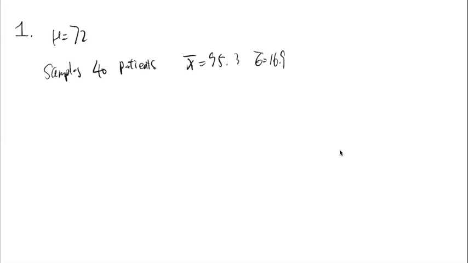We want to find out whether the heart rate of ICU patients is unusual. So we want to use the t-test. We can also use the z-test because the sample size is 40, but to review the concept, let's use a t-test.